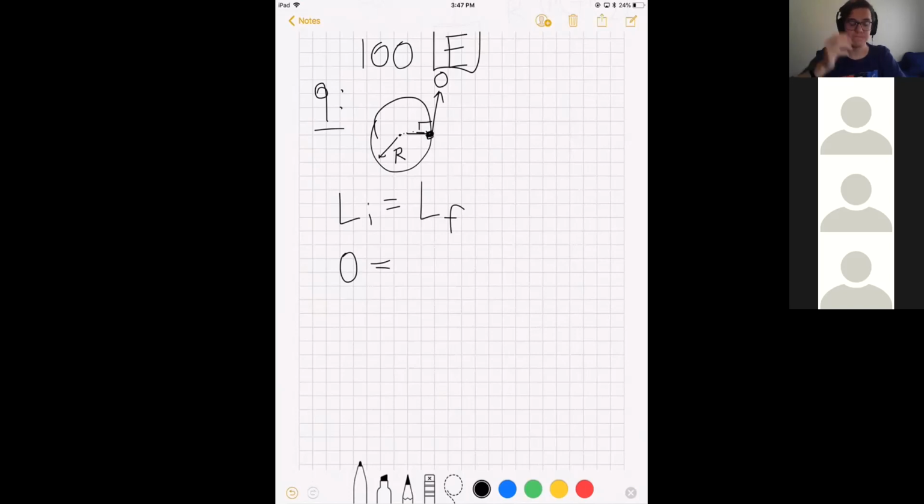All right, so let's consider. We've got two things that are moving in this situation. We've got the ball, and then we've got the merry-go-round and the guy who's standing on the merry-go-round. We're going to treat the guy and the merry-go-round as one system, because the guy doesn't move around the merry-go-round, so we don't have to worry about any of that. Okay, so that's where the 0 comes out, right?